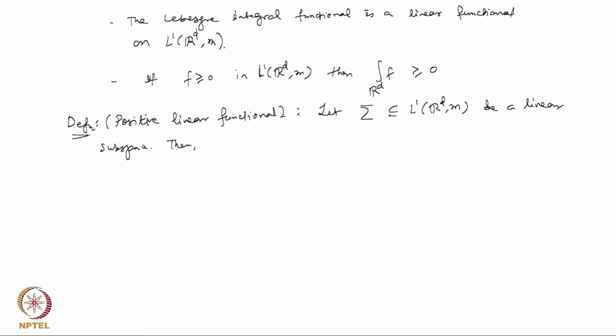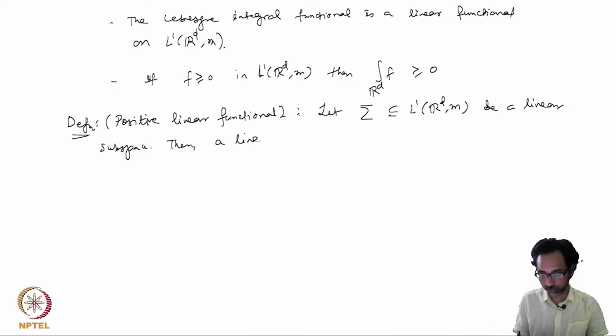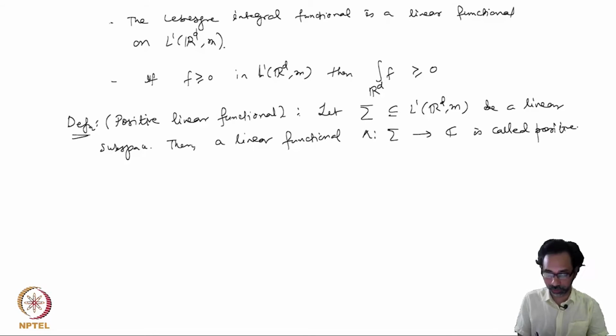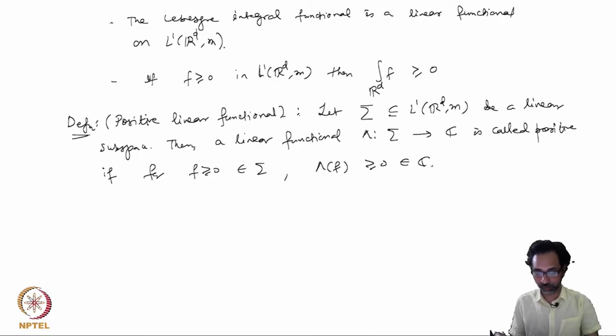Then a linear functional lambda, which takes elements of sigma and gives you back complex numbers, is called positive if we have, for f positive in sigma, lambda f is positive in C.